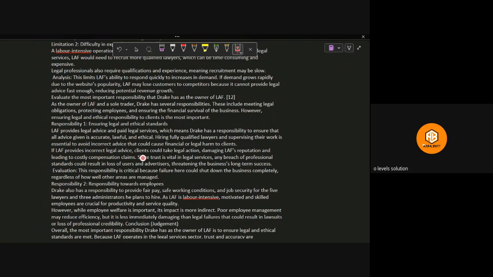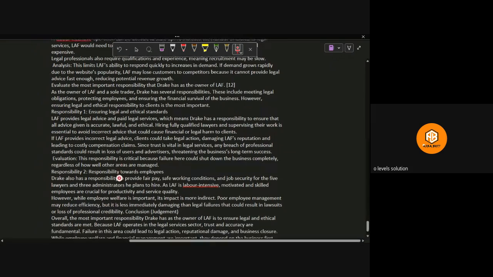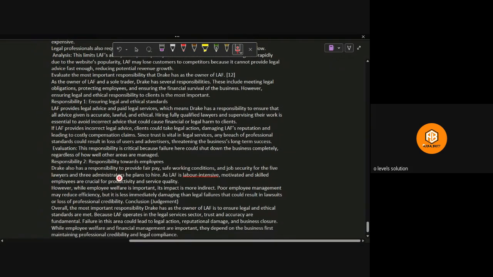Even if he is managing the other areas very carefully, advertisement and all, if he is not ethical and provides less accurate or maybe wrong information to the customer, and because of that advice the customers face different complications, then of course the customers will blame Drake's business, because he's the lawyer providing the guidance to them.